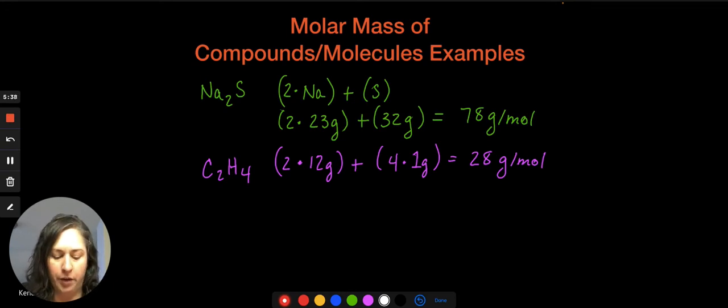Let's do one more. Let's do something like lead nitrate, Pb(NO3)2. Lead is 207 grams.